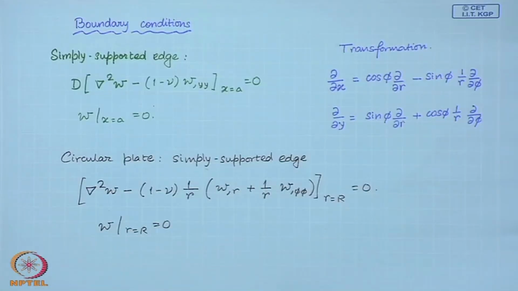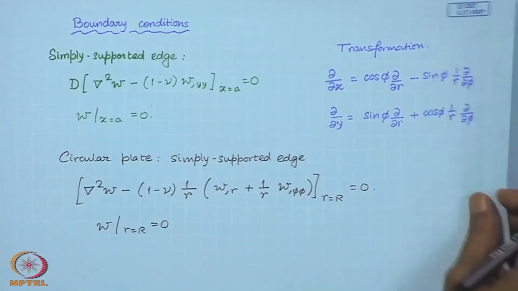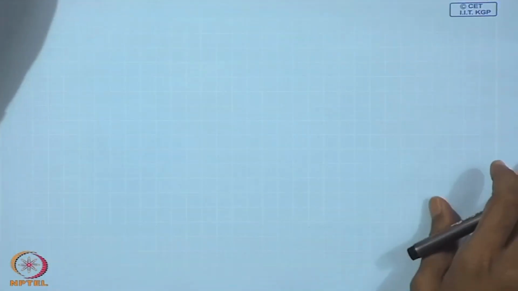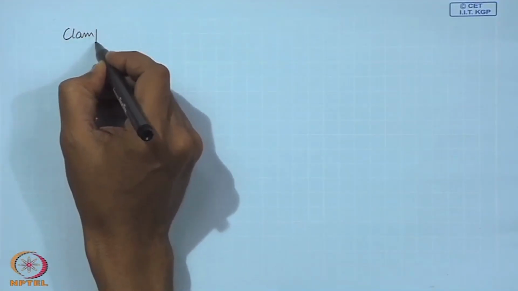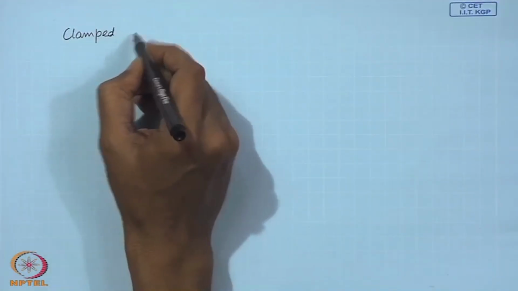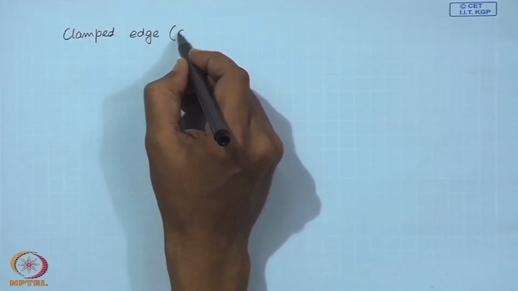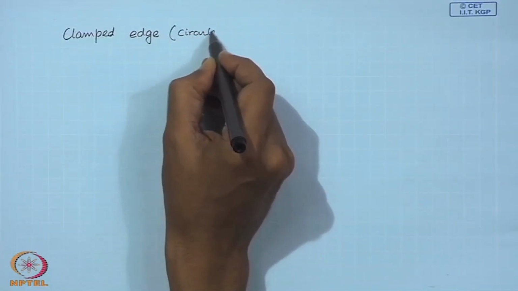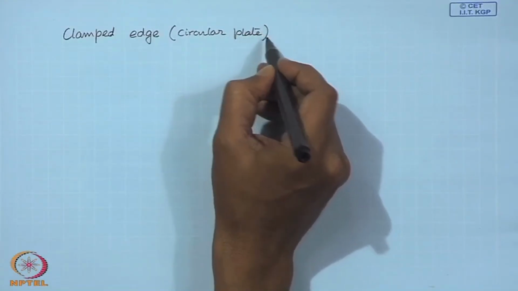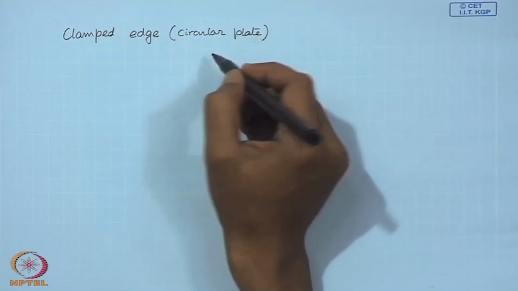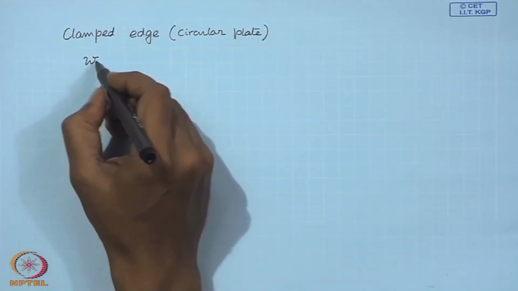Now, if you look at the clamped case for a circular plate, then these boundary conditions are simple.